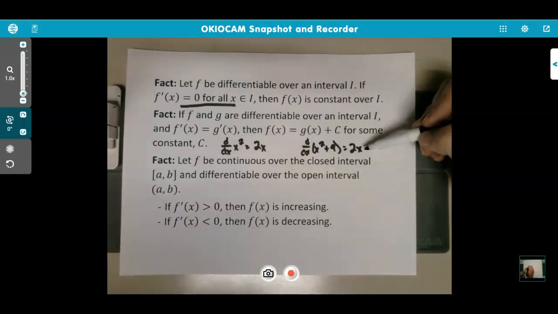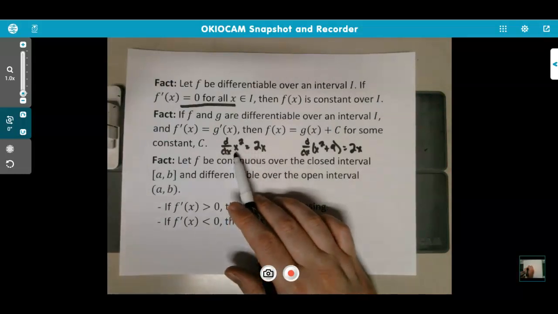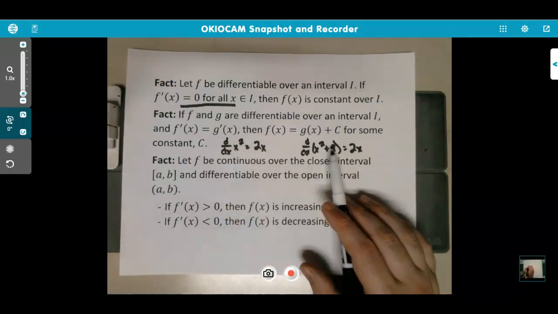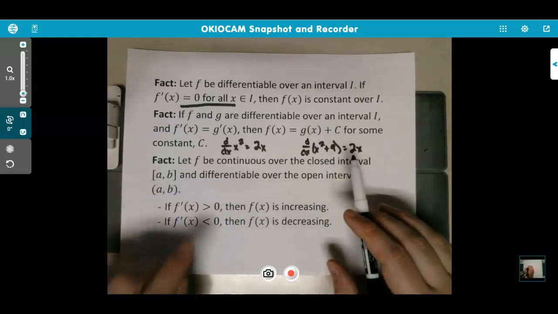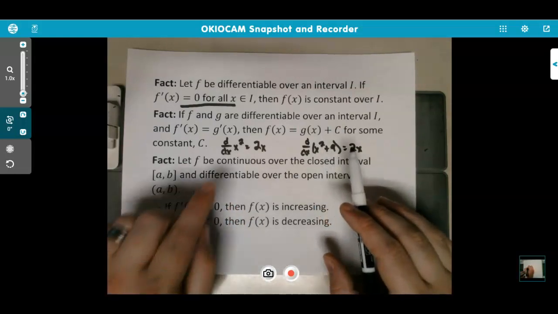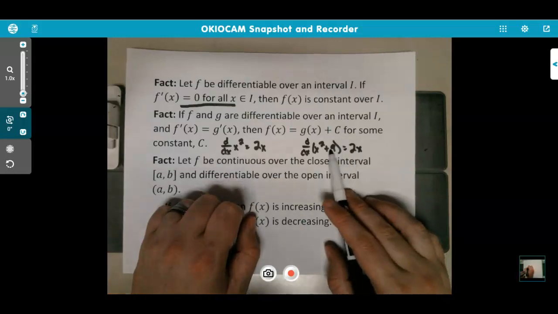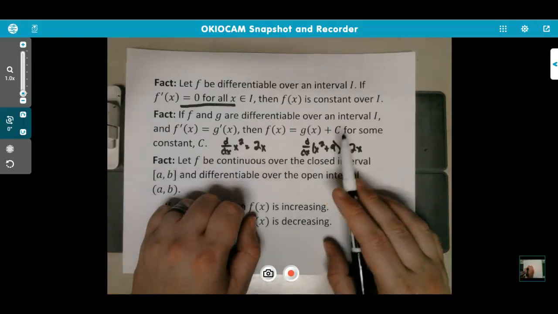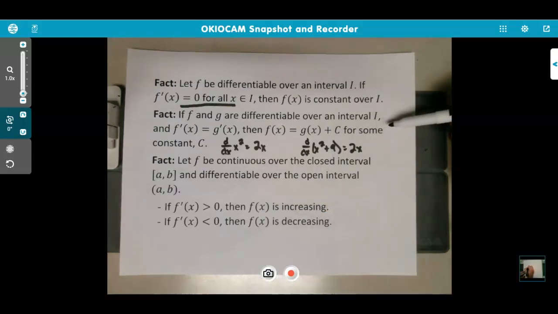So it's just 2x. So the derivative of x squared is the same as the derivative of x squared plus 9. So what this means is when the derivatives are the same, then what I started with are the same thing, except I can add a constant, because that constant is not going to change my derivative. That's what this means. We are going to use this a lot in section 4.10, and then as well as a lot in chapter 5. And for those of you who go on and take Calc 2, we are going to use this fact a lot. This is very helpful.